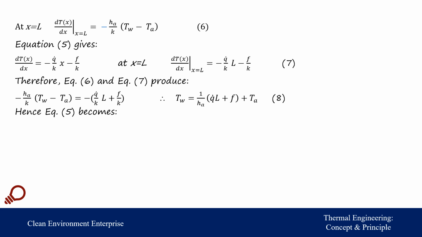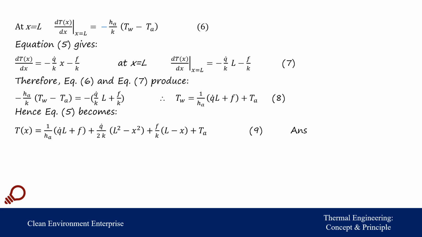So if we go back to equation number 5 and substitute the value of T sub W, then we will get T of x as a long expression, but again, it's the correct one.